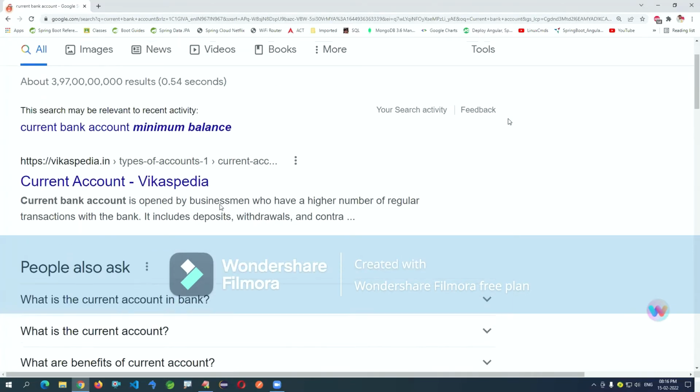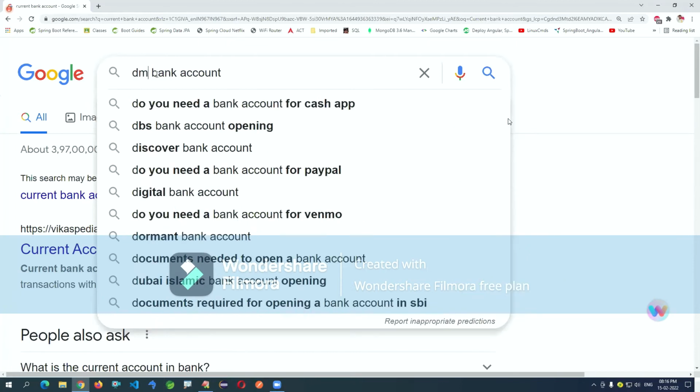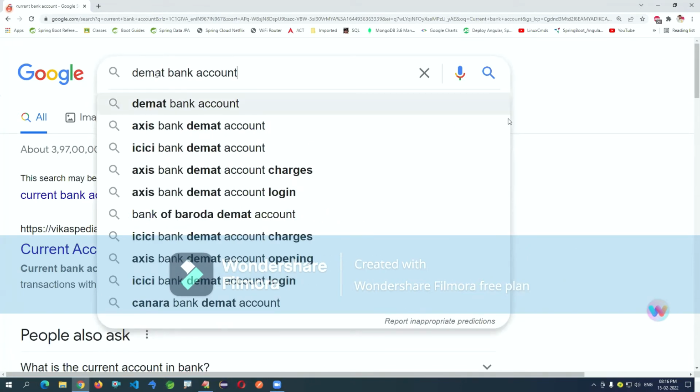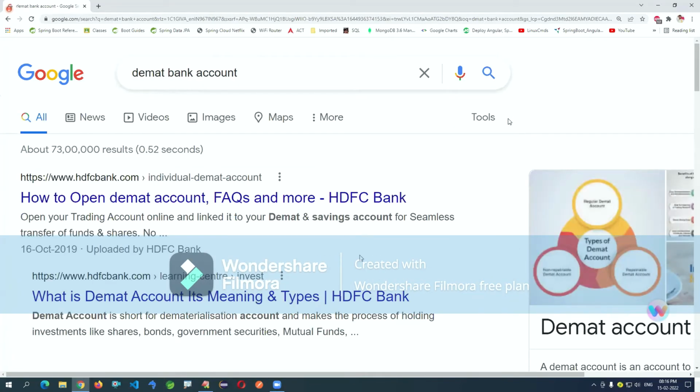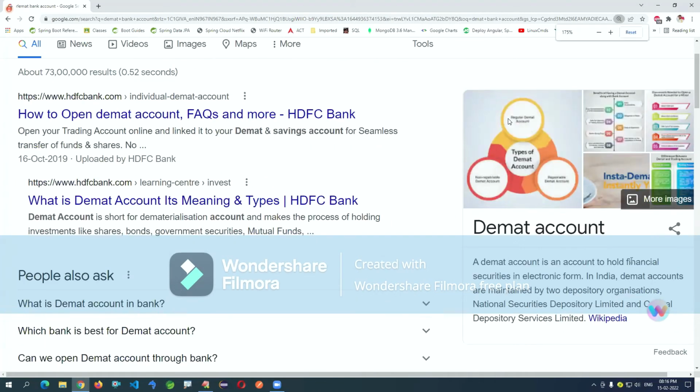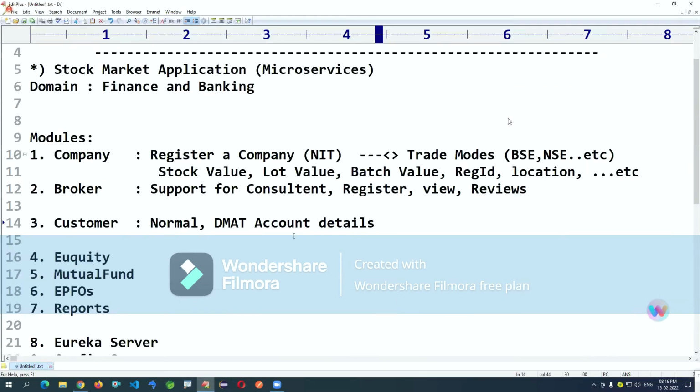There is another account called a demat account, generally for financial securities, that is stock management and trading. Any online trading you do is through trading accounts. Demat accounts are generally used for this.